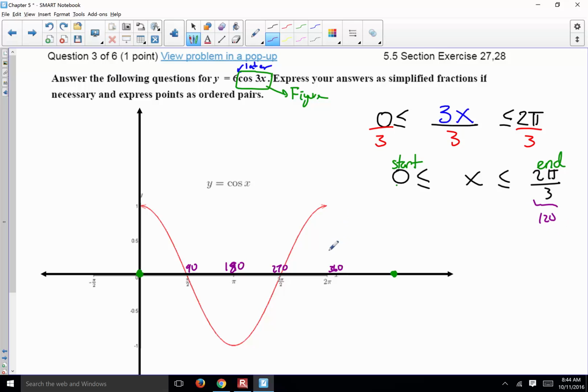So where is 120? You need to look at this really well, okay? It's crucial. 120 is a little bit past 90 here, isn't it? Correct? So right in the middle is 135.